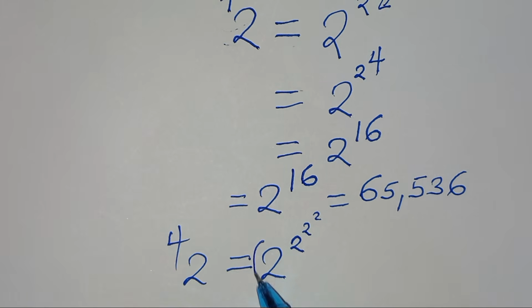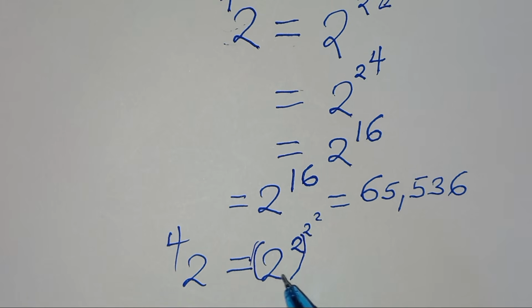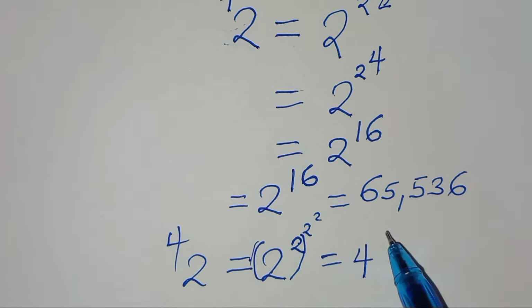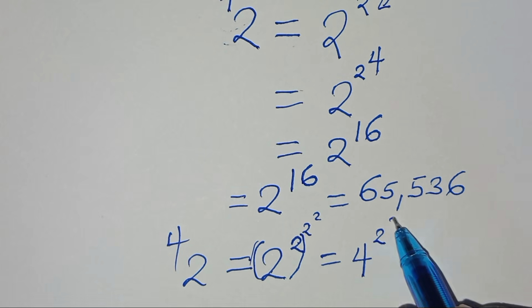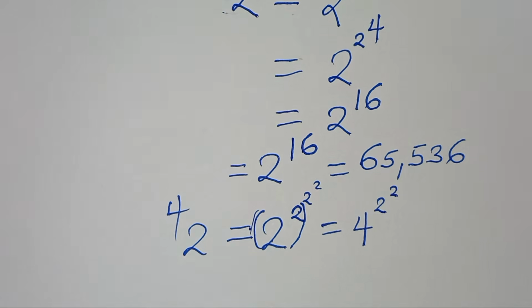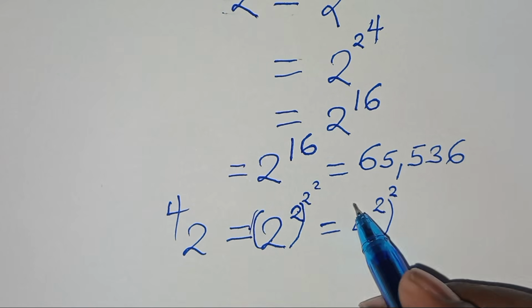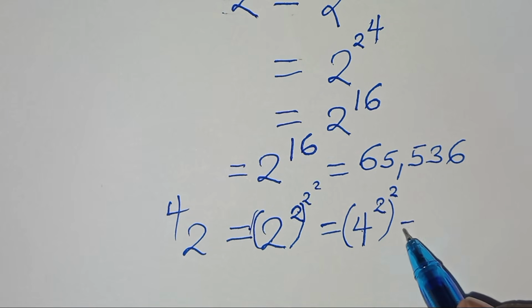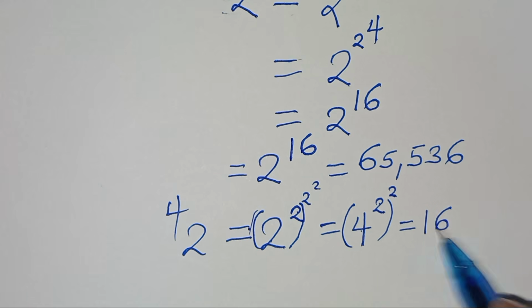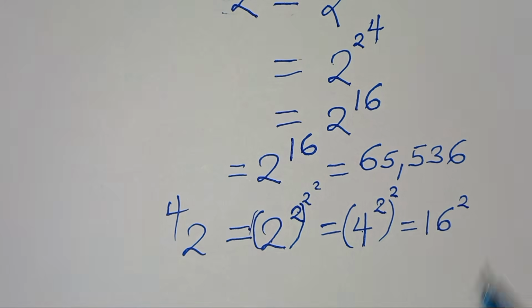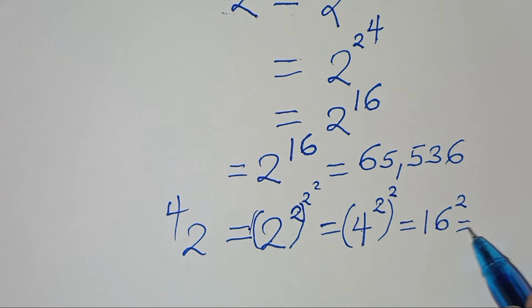Now, here we have the parentheses here. This is 2 to the power of 2, which is equal to 4. Then raised to the power of 2, then raised to the power of 2. Again here, we'll have 4 squared. This is equal to 16, raised to the power of 2. And 16 squared is equal to 256.